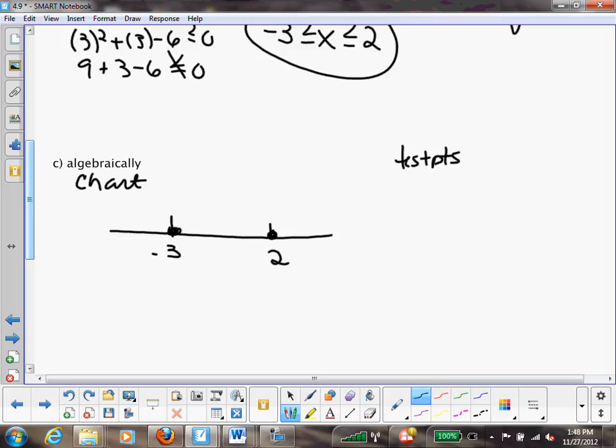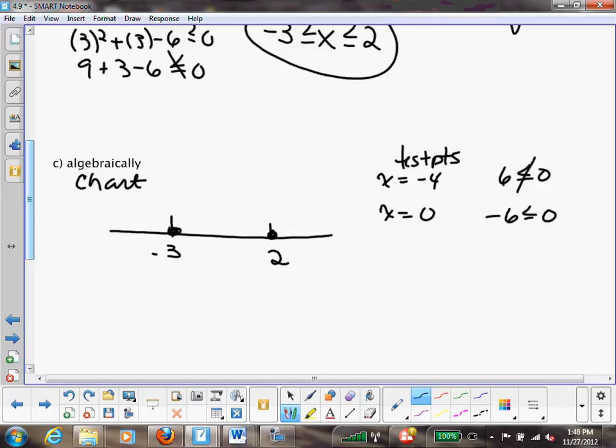I'm going to let x equal -4. What did we get when x is -4? We got 6. Is it less than or equal to 0? No. So we don't want here. We tried x equal to 0, and we got -6, which is less than or equal to 0, right?